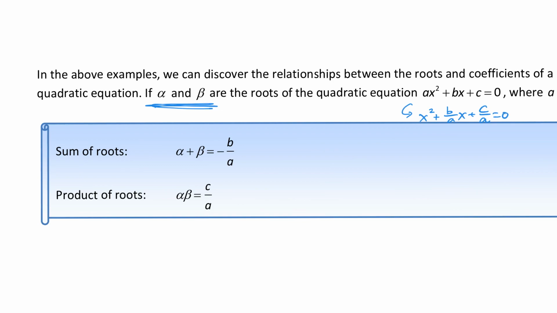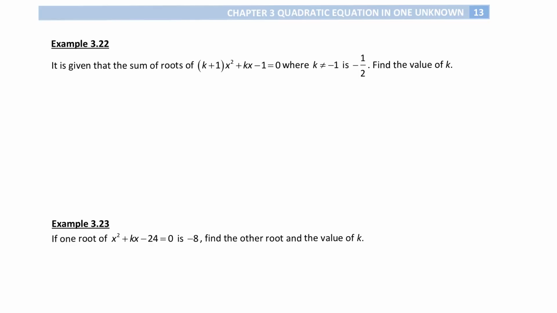Multiplying these two roots together is equal to c/a, and adding them together is equal to the negative of the coefficient of x. So this is the summary. You may use this relationship to find some unknowns. Okay, let's see the next page.